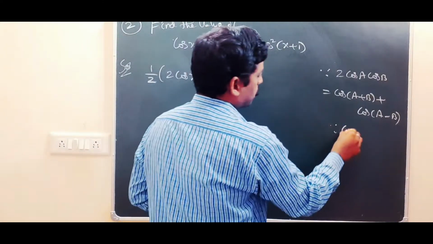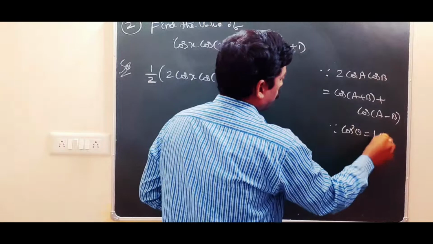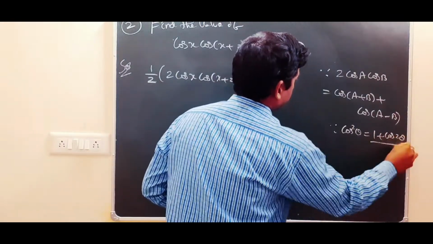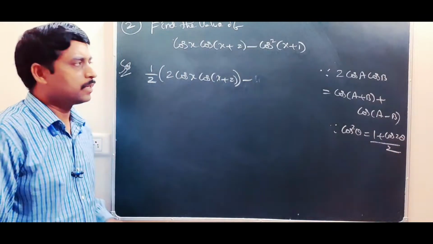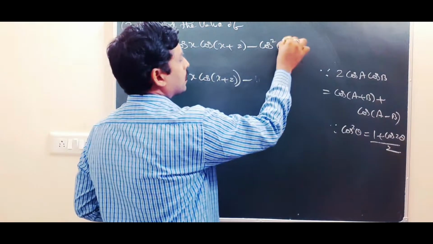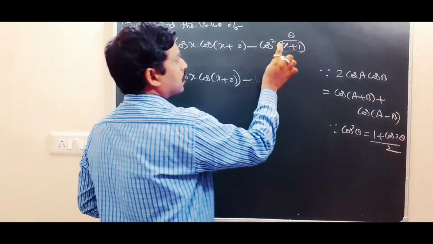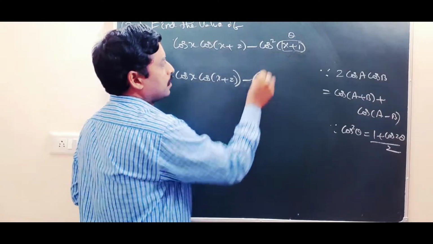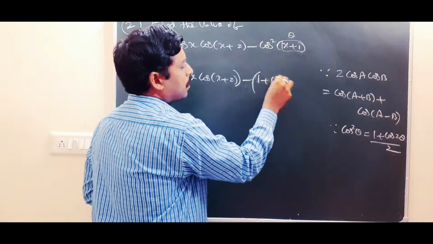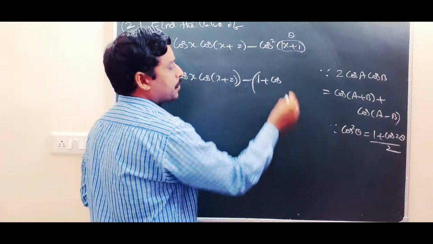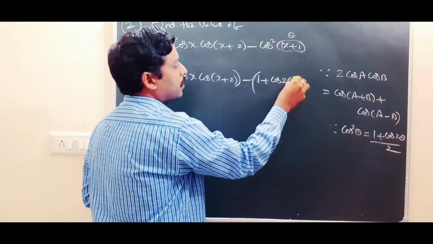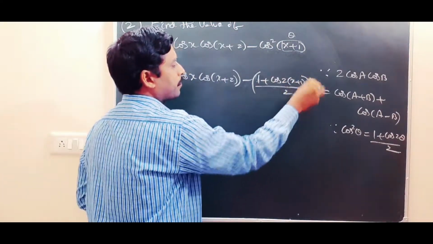We have the cos square theta formula, 1 plus cos 2 theta by 2. So let us take theta as x plus 1. It will be 1 plus cos 2 theta by 2, where 2 into theta is 2x plus 2, by 2.